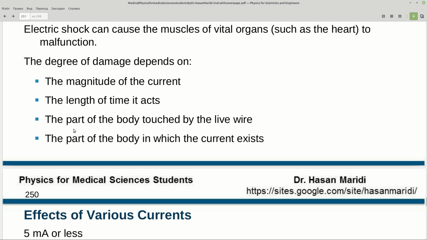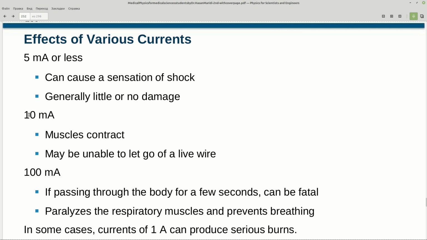It paralyzes the respiratory muscles and prevents breathing. This is the damage point of the current for the human body.